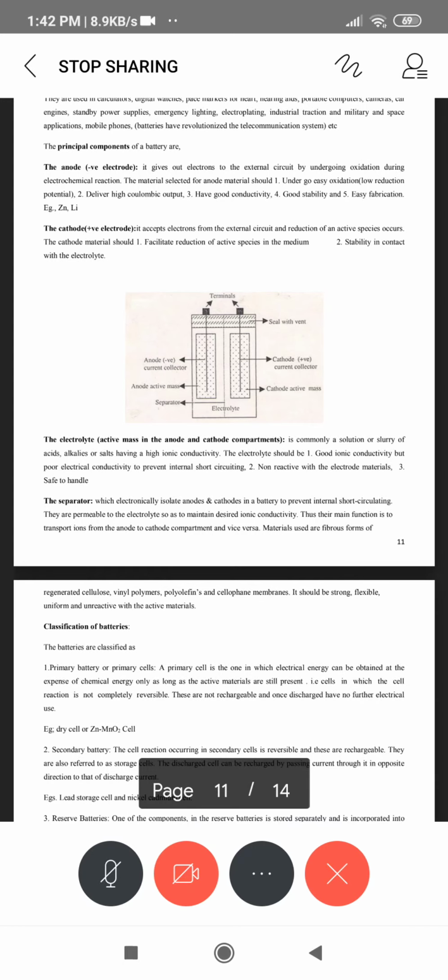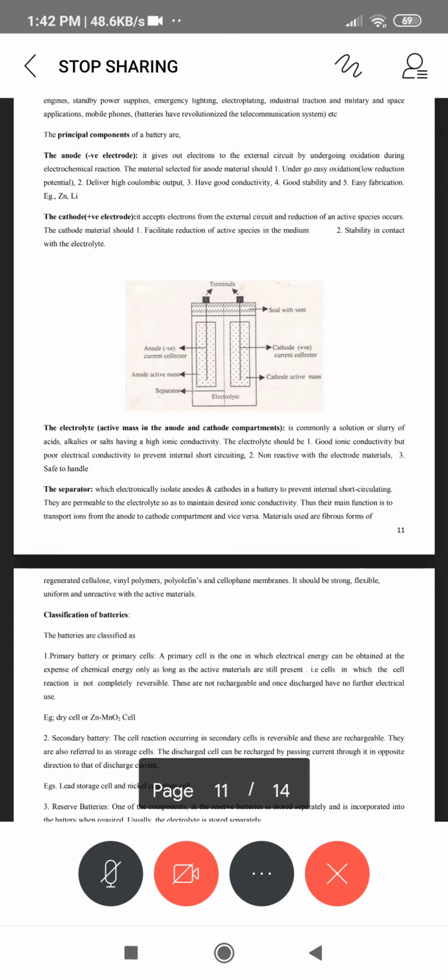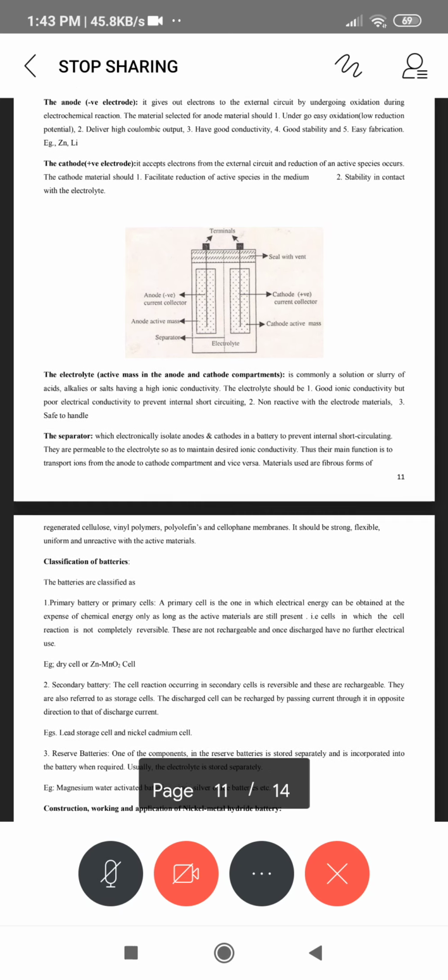When the circuit is incomplete, the energy is stored. When it is required, we connect it and get electrical energy. That is what we call on demand: it can convert the chemical energy into electrical energy.